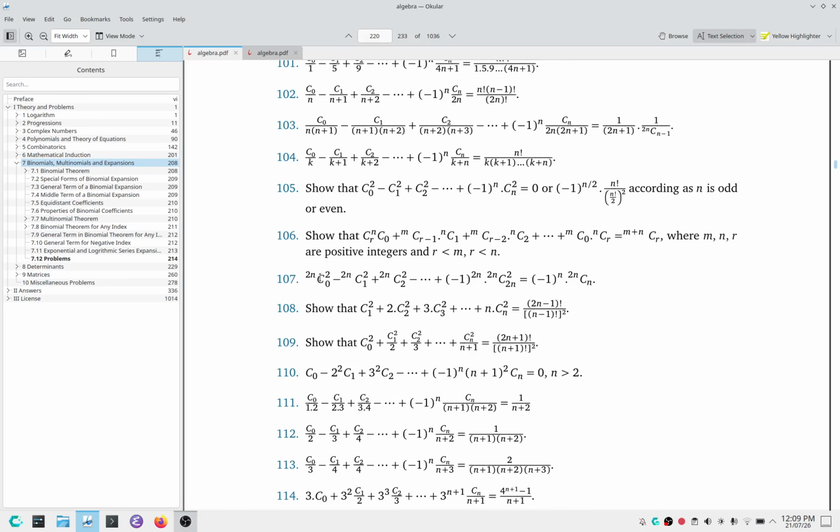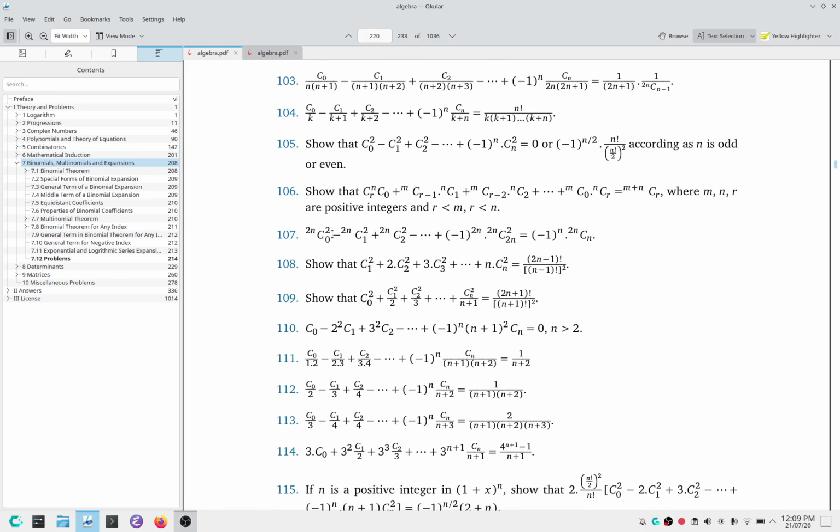Question 107 says that we have to prove that 2nC0^2 - 2nC1^2 + 2nC2^2, and so on up to (-1)^(2n) 2nC2n^2 is equal to (-1)^n 2nCn.